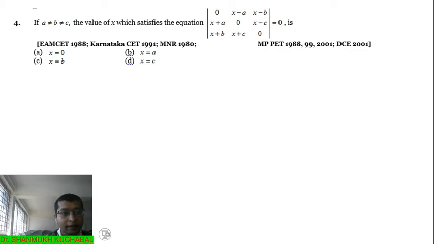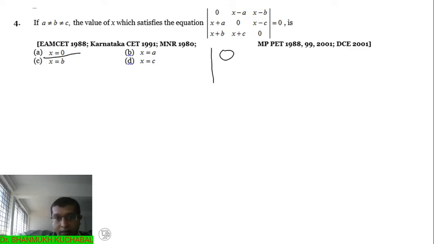So here, if A, B and C are not the same, the value of x which satisfies the equation is. So what I will do is, which satisfies the equation means I take x equal to 0 now. If I get the answer as 0, then it satisfies. Okay, so wherever it is x, I replace it by 0.